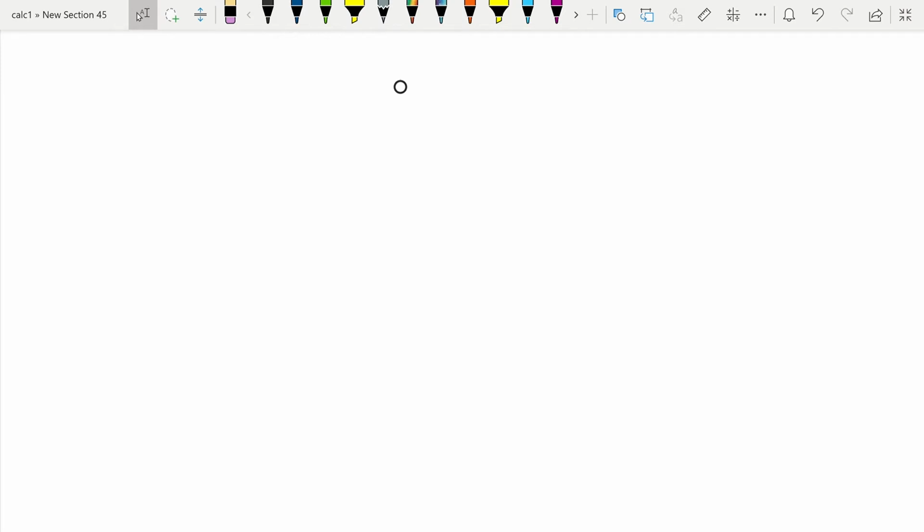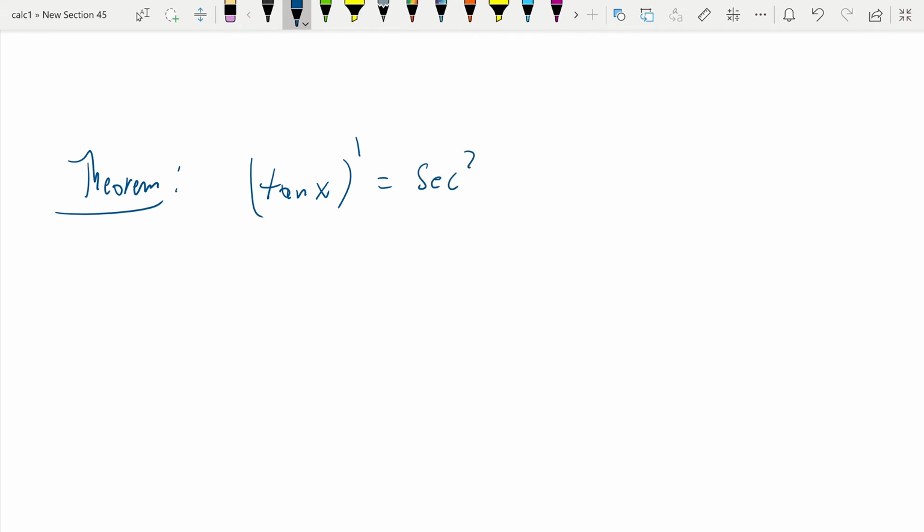So now, as anticipated, we're going to use these derivatives to find derivatives of other trigonometric functions. For instance, the derivative of tan x is equal to secant squared of x.